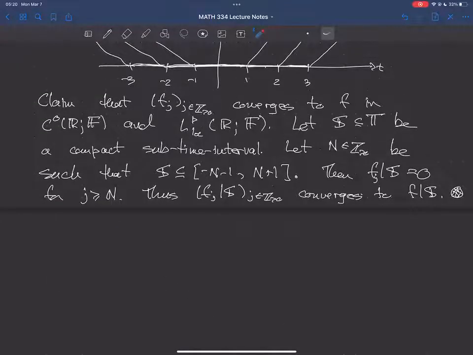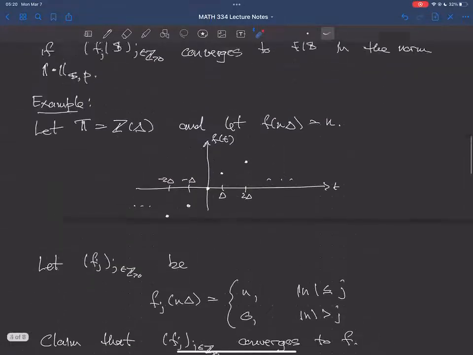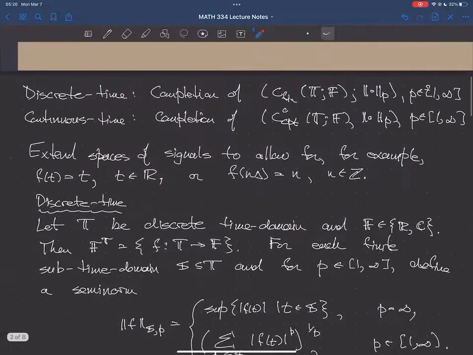So you can have systems that take a nice input, say something in L1, and give you an output which is unbounded in the way that these examples up here were unbounded. And so you have to be able to consider spaces of functions that are expanded beyond what you have here, because that may not be sufficient to cover what you want.